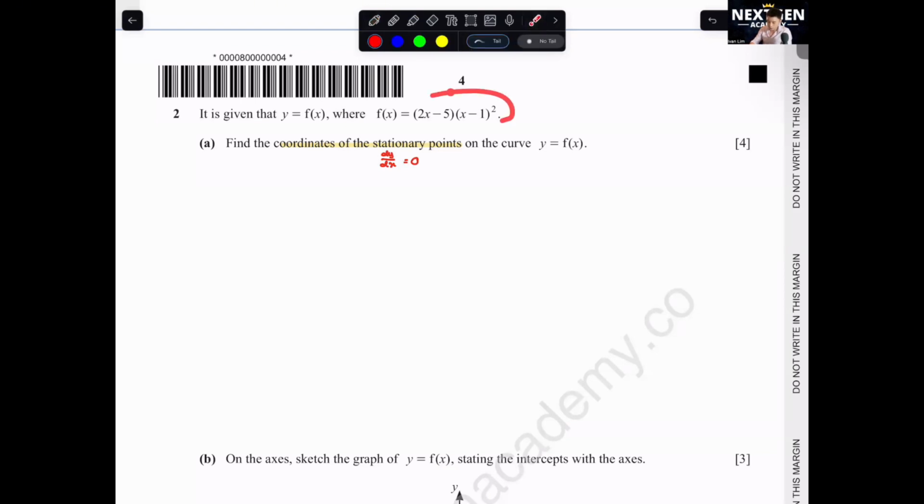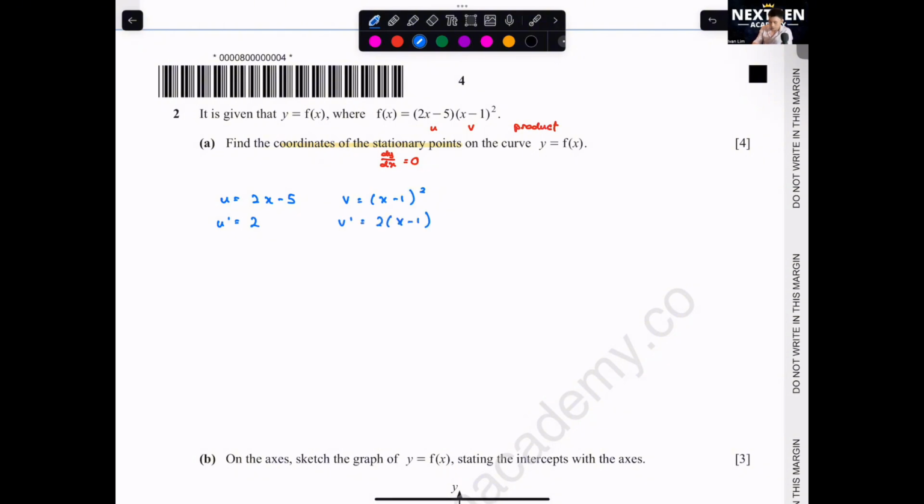Okay, so we need to differentiate this. What rule do we use? (2x minus 5)(x minus 1) squared. We can use the product rule. u equals 2x minus 5, v equals (x minus 1) squared. u prime is 2. v prime is 2(x minus 1).